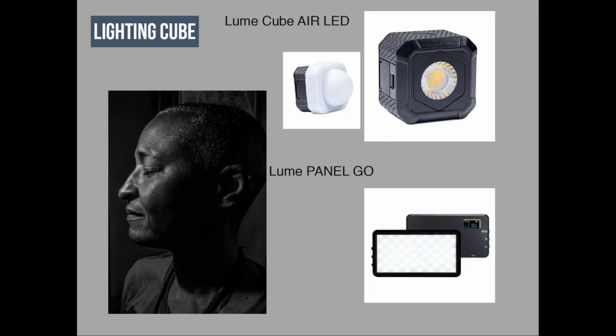Lighting cubes. Sweet Jesus, they are my most favorite thing now. I use them everywhere. I have both of these, the Lume Cube Air LEDs, which have different diffusers you can put on them. So I have a warm diffuser and a cool, or neutral, I should say. Have you guys noticed that iPhones especially are really crappy in low level light?